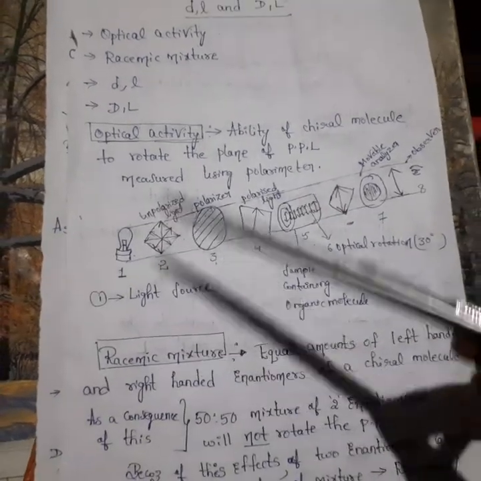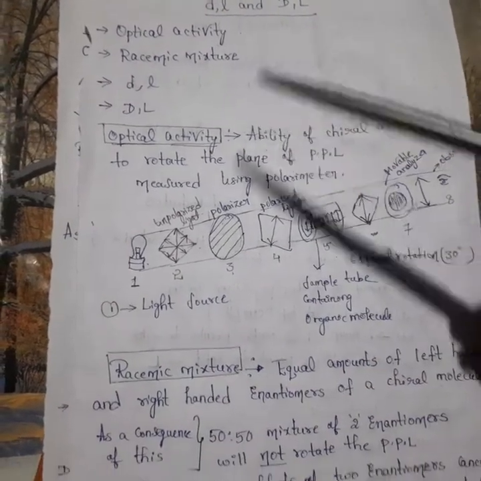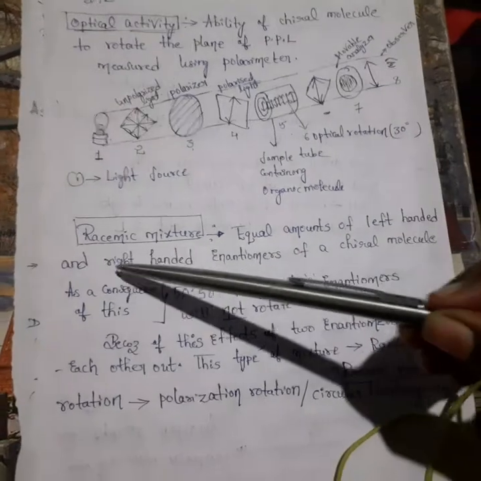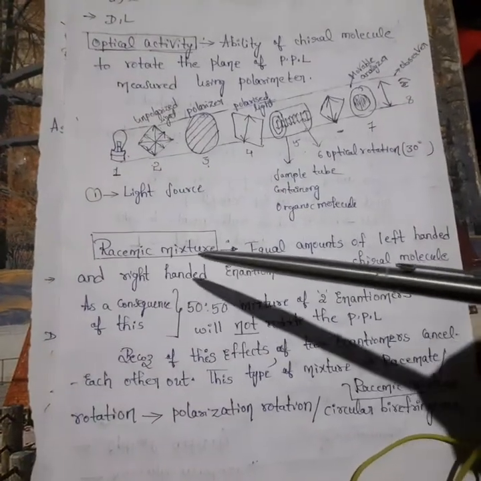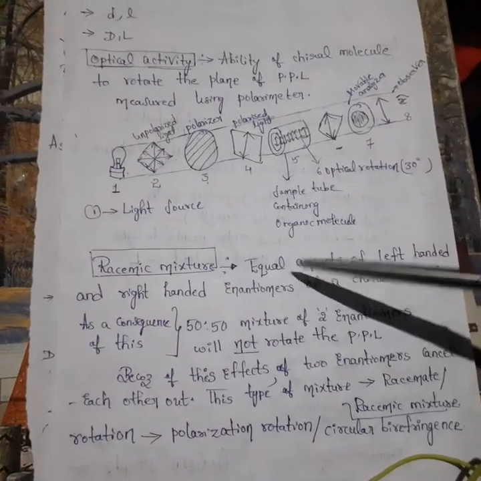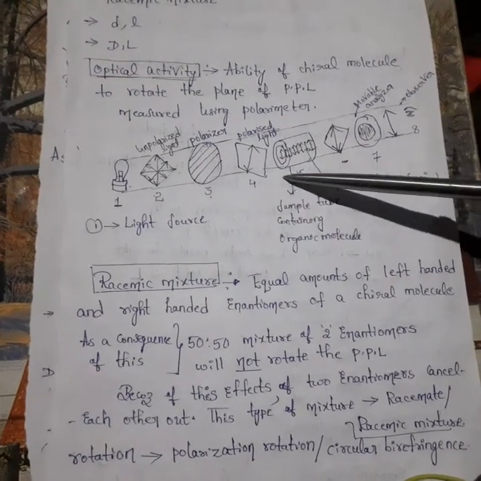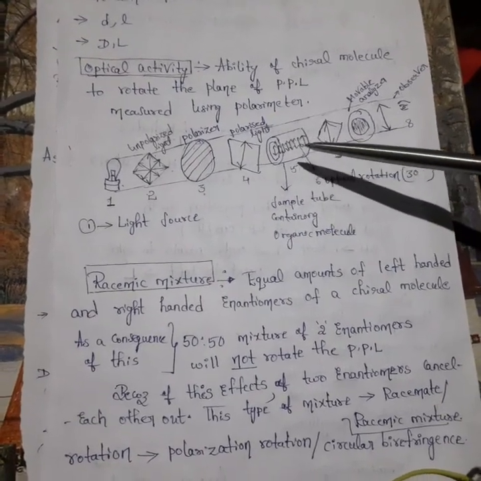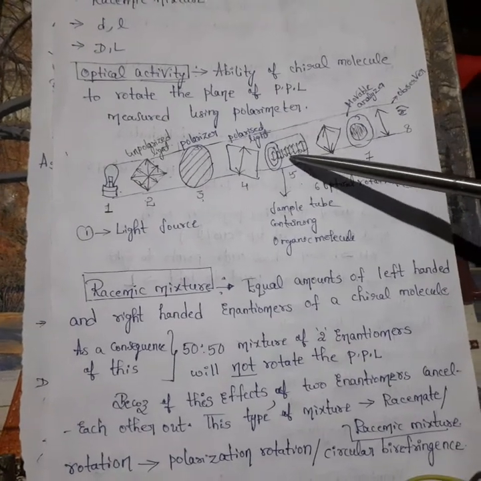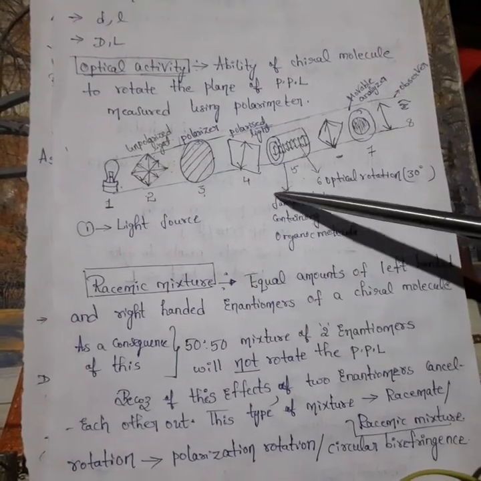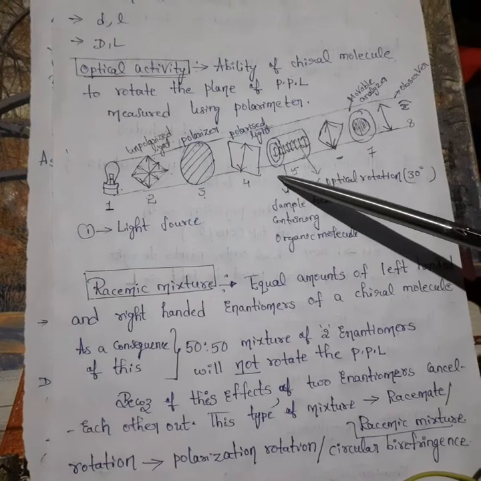Next, the second basic thing is the racemic mixture. What is a racemic mixture? In optical activity I said rotation is possible, and the rotation may be either clockwise or anti-clockwise. Clockwise means right side, anti-clockwise means left side.